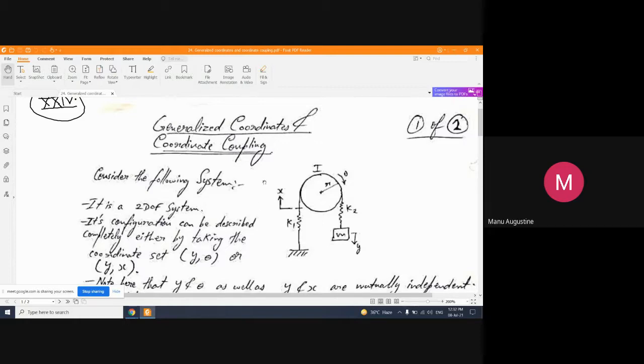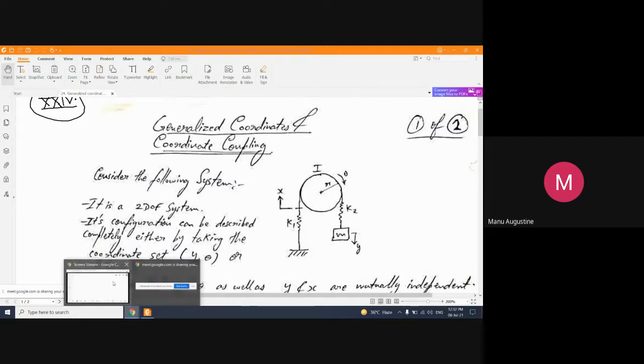Now, to elaborate it better, let me give you a simple example. Not the example that is shown in the notes. Let me take a much simpler example for you. For example, let us say that I have a spring, then a mass, again a spring, and a mass like this.